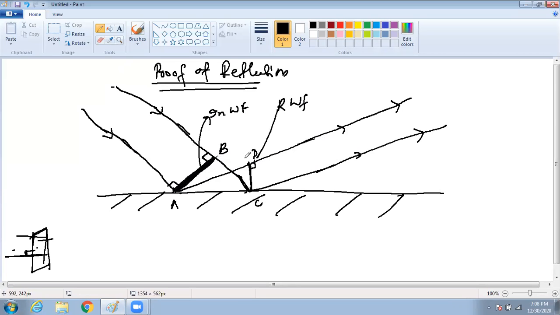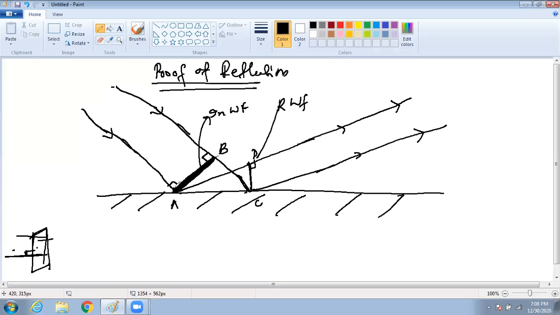So this AB, this A end is actually the C end after it gets reflected, and this B end is actually the D end. Clear?